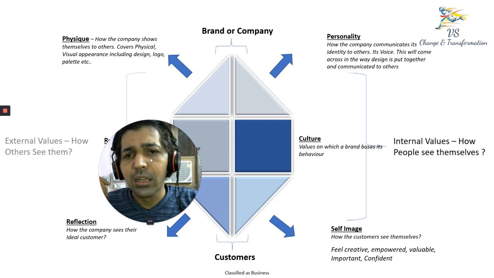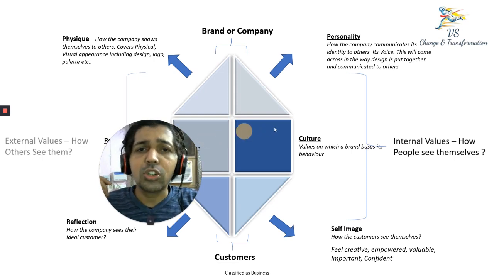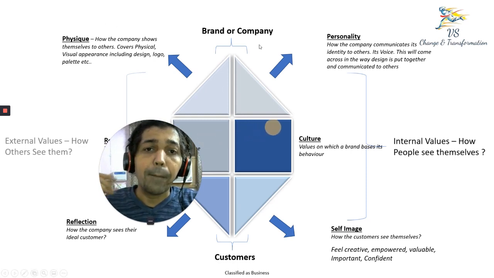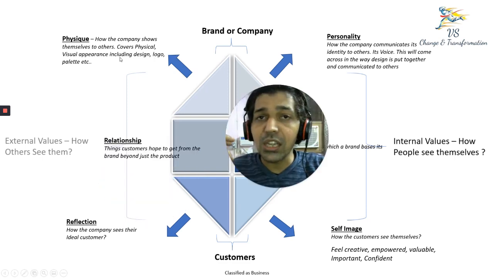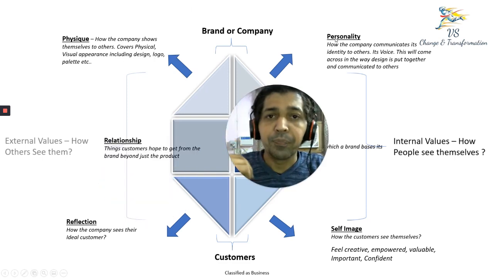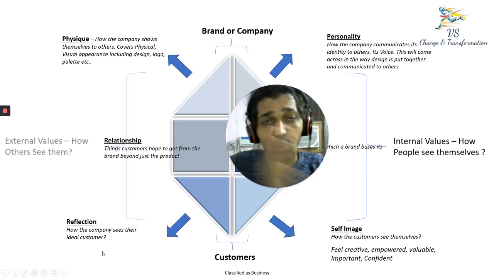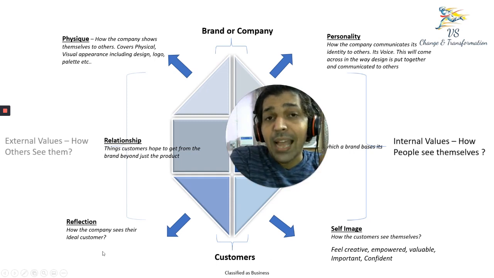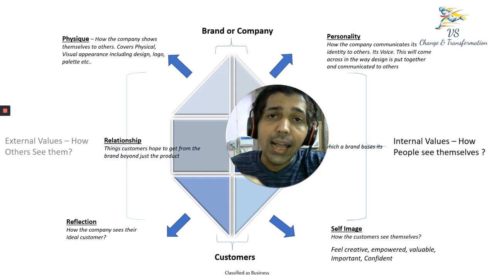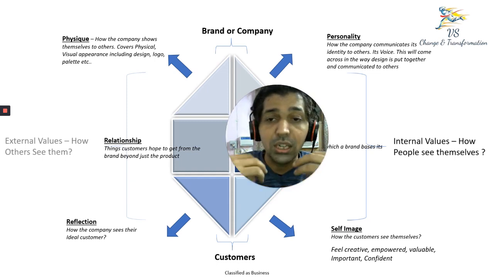Just to recap, if you look at it, the top two show the brand or the organization, which is the physique and the personality. The bottom two is about the customer: what the customer and the organization think about themselves, and what the market and the organization think about the customer.